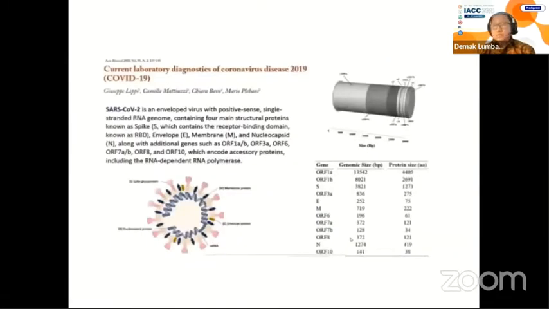SARS-CoV-2 is an enveloped virus with a positive-sense, single-strand RNA genome containing 4 main structural proteins known as the spike, the S, which contains the receptor binding domain, known as RBD, the envelope, named E, the membrane, M, and the nucleocapsid, N, along with other additional genes such as ORF1AB, ORF3A, ORF6, ORF7A and B, ORF8, and ORF10, which encode accessory proteins, including the RNA-dependent RNA polymerase.